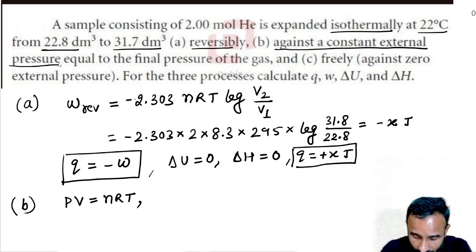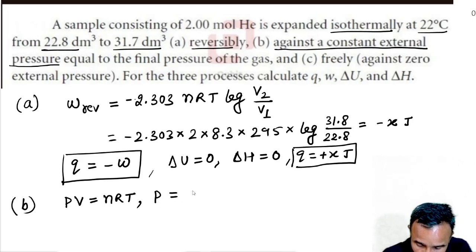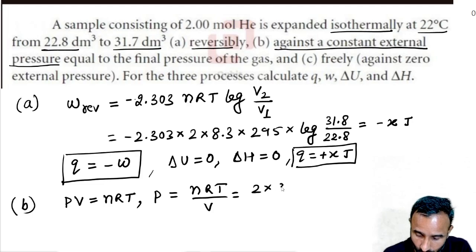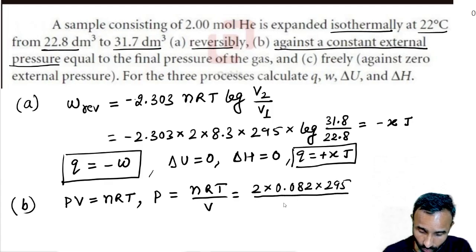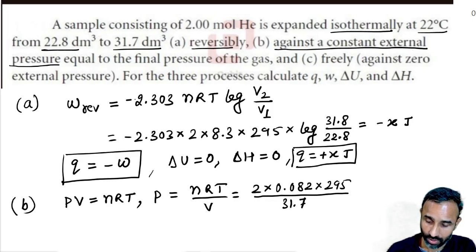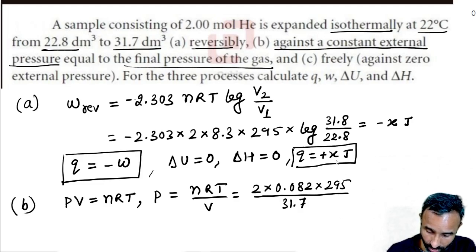Okay, so now what is pressure? nRT upon V. n is 2, R is 0.082, into temperature 295 and volume, the final volume, it is 31.7, right? Because it is written equal to the final pressure of the gas. So in this way you will get pressure.